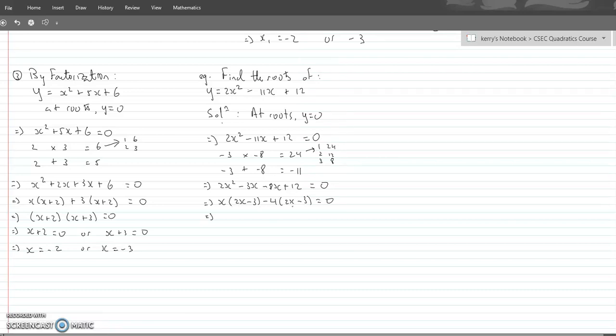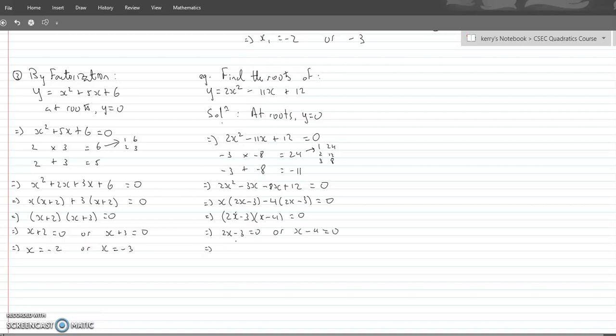Now I have my common 2x minus 3, and I withdraw that, and I am left with x minus 4 is equal to 0. Now either the contents of my first bracket is 0, so either 2x minus 3 is equal to 0, or x minus 4 is equal to 0. How do I solve this?